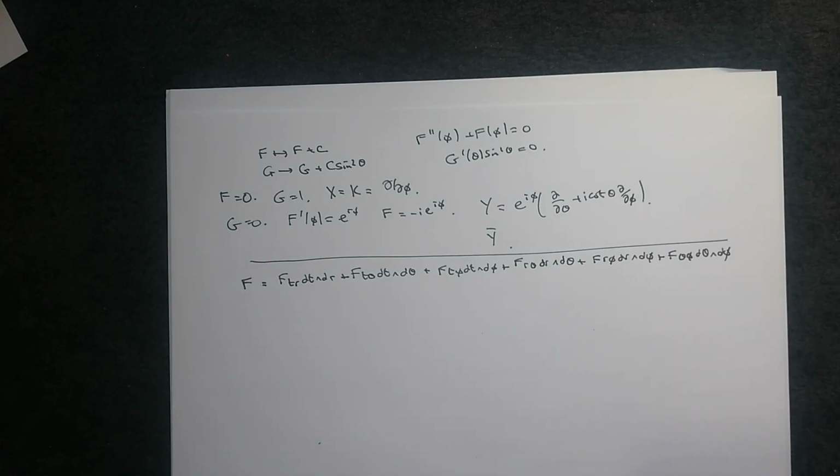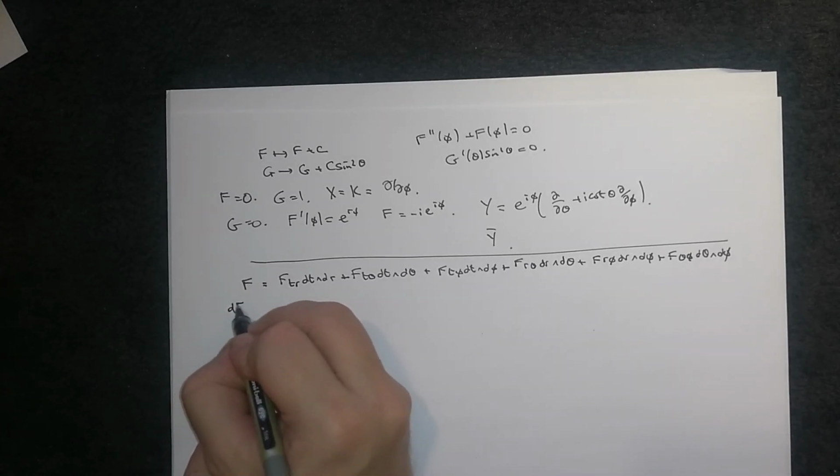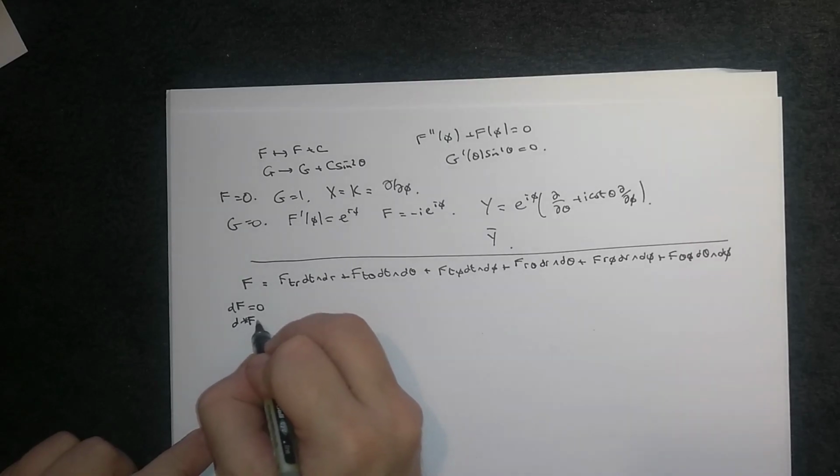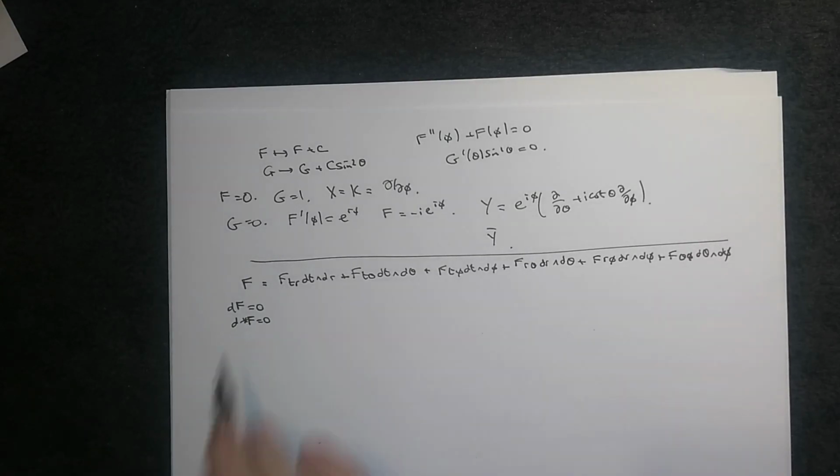So that at the moment is a general antisymmetric tensor, or two-form. Now, Maxwell's equations: df equals 0 and d star f equals 0. We'll come back to that one later because it depends on the metric.